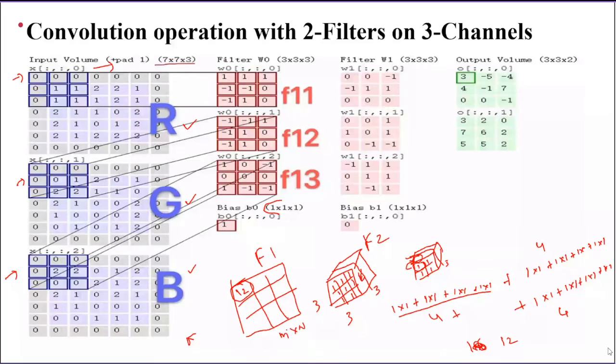Suppose you are using another filter, then the same process will happen. So when we are applying two filters on an input image for a convolution operation, then the output activation map will have two channels.